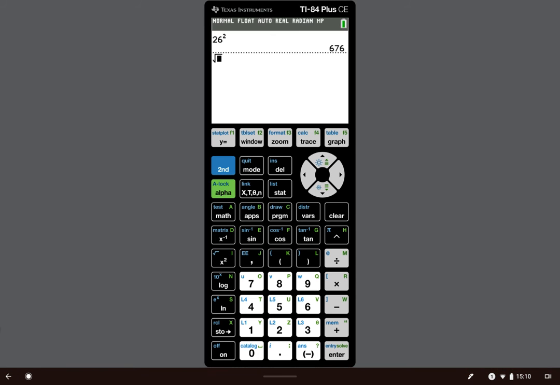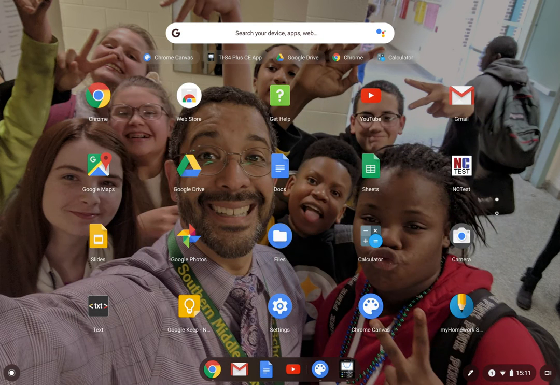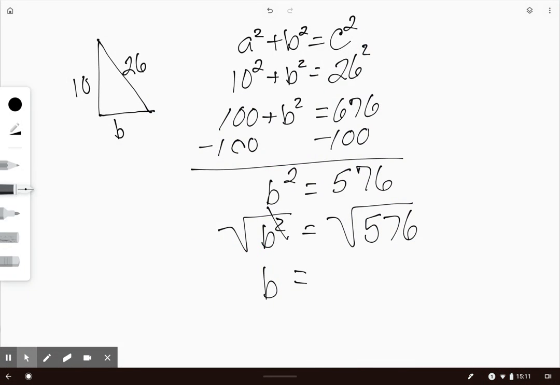Second function key, X squared key. And my answer is 24. So B equals 24. And again, you'll notice that my hypotenuse is 26, and that is the length of the longest side.